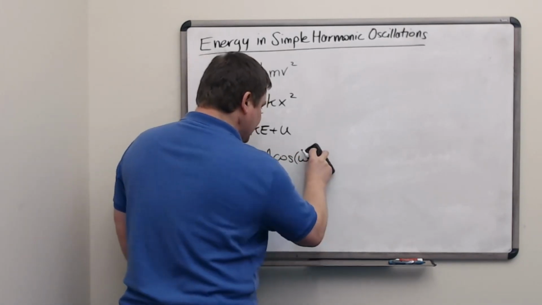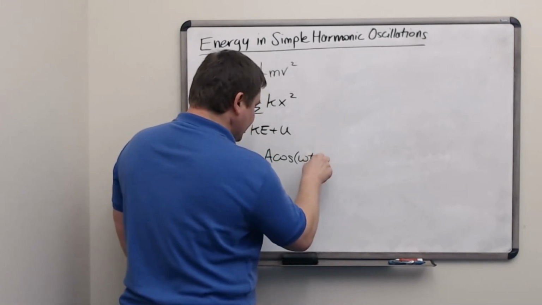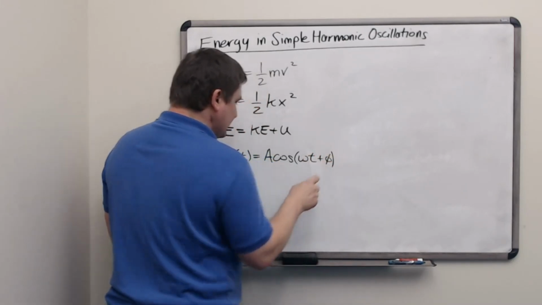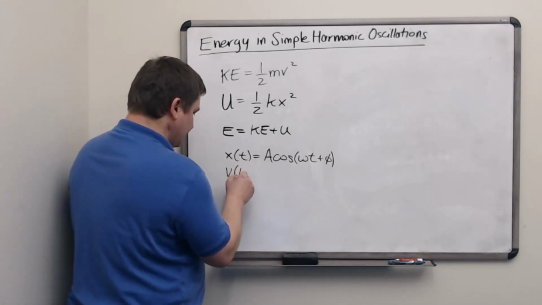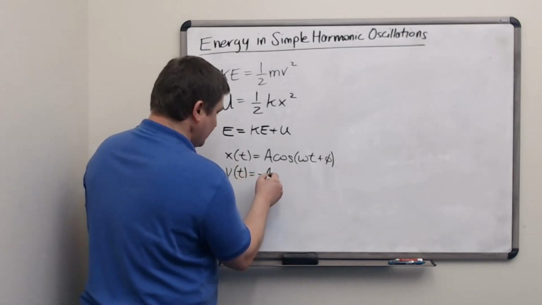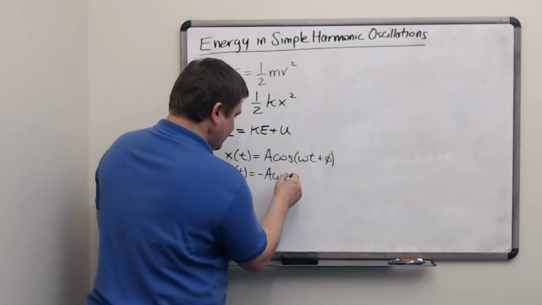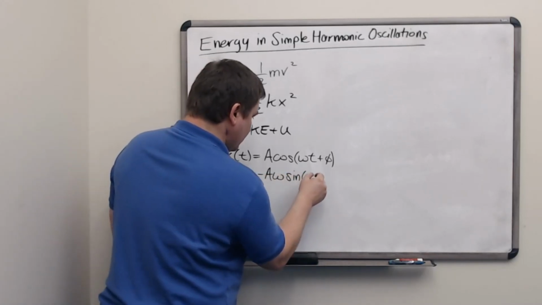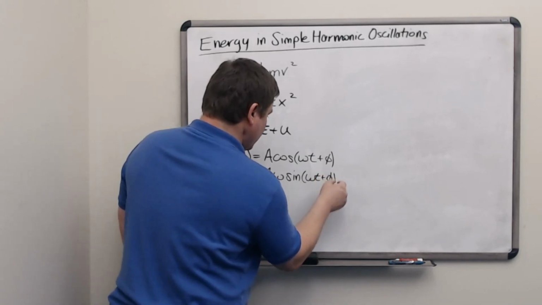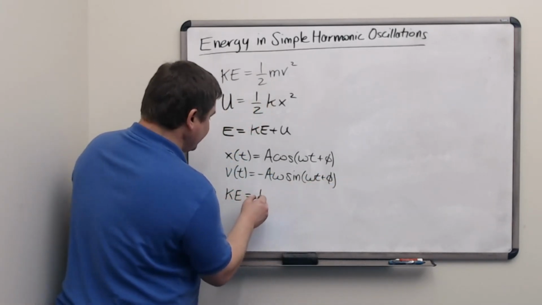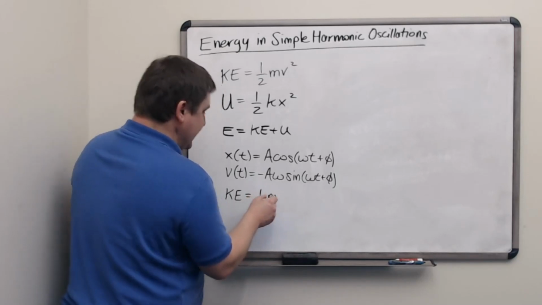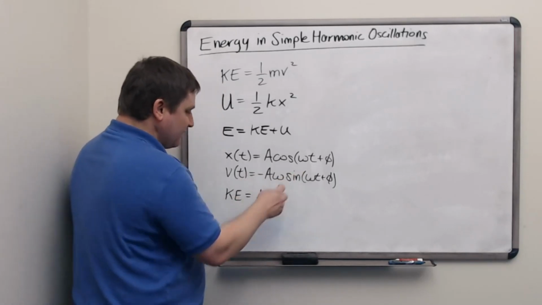I'll use the general solution in terms of amplitude and phase because it's easier to square the x and the v. To get the kinetic energy, I take half the mass and multiply it by v squared.